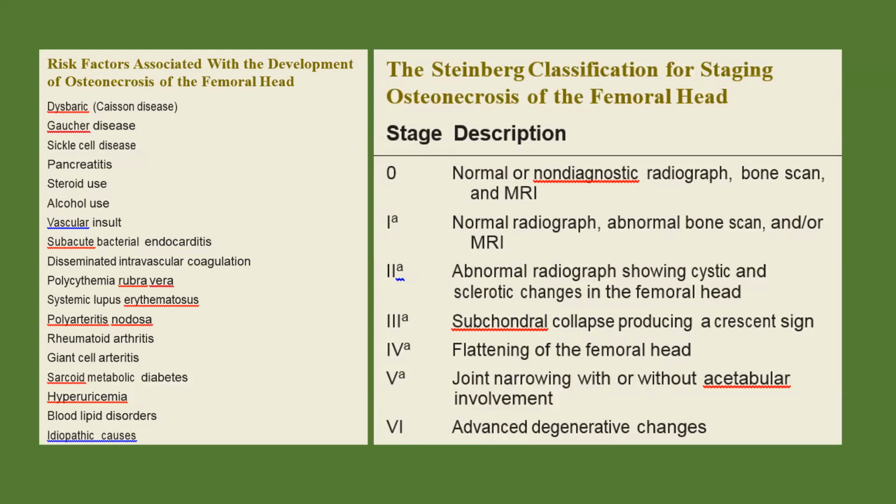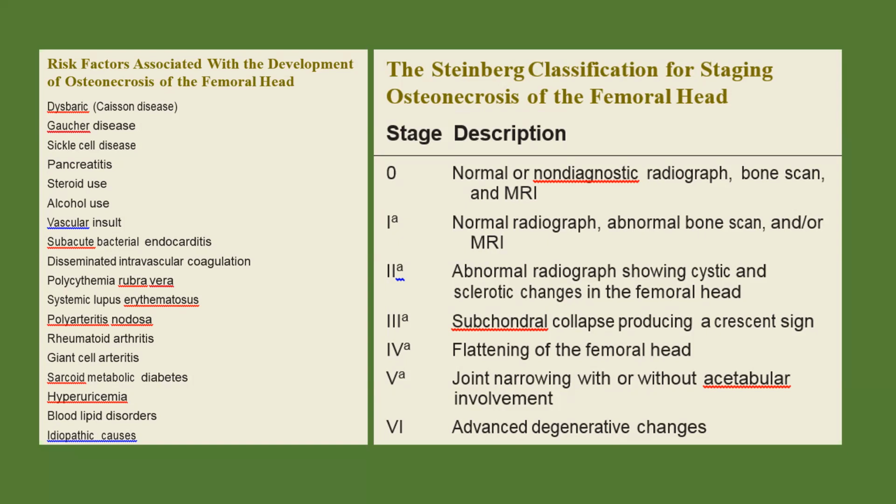And you have the Steinberg classification, where you can have stage 0, where you have a normal or non-diagnostic radiograph, bone scan, and MRI. In 1A, you have a normal radiograph and abnormal bone scan and/or MRI. 2A is an abnormal radiograph showing cystic and sclerotic changes in the femoral head.